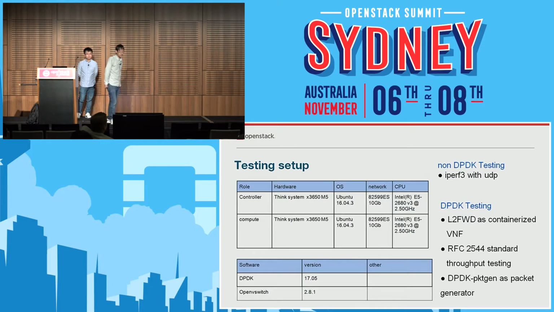Also, we are using the standard RFC 2544 to test the L2 forwarding performance. And for the packet generator, we use DPDK pktgen as the packet sending generator.